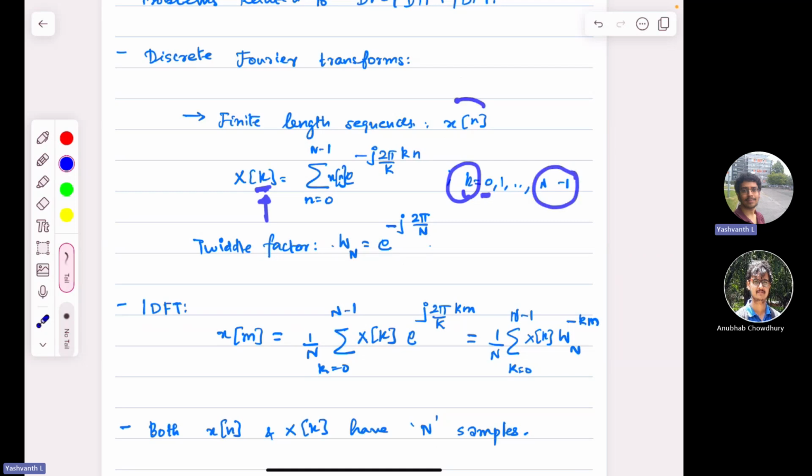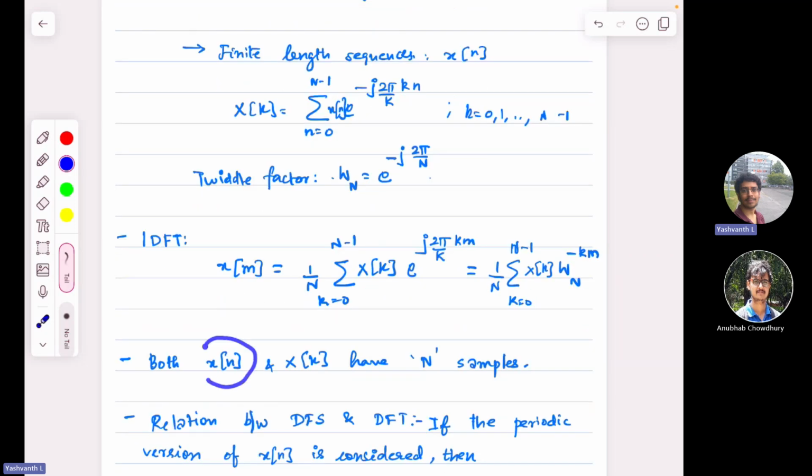Note that your time domain signal x of n is also varying from 0 to N minus 1. Similarly, the frequency domain, the discrete Fourier transform, also varies from 0 to N minus 1. That is, both the time domain x of n and the frequency domain X of k have N samples in total. Here, this number e raised to minus j 2 pi by capital N is what is called a twiddle factor in the literature. The representation is capital W subscript N.